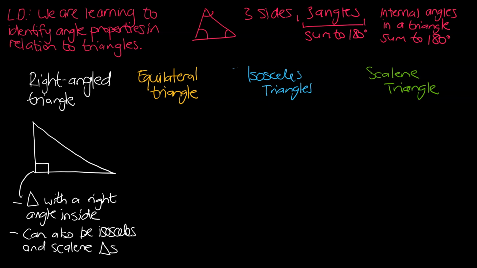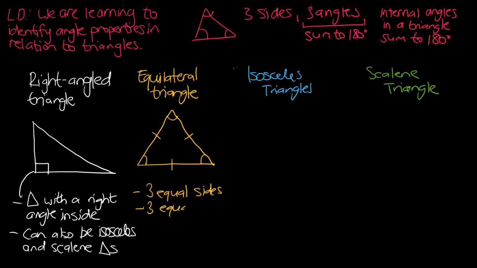The next one, equilateral triangles. So I'm going to put a dash on each of those 3 lines, and these triangles have 3 equal sides, and inside, because the sides are equal, they've got 3 equal angles.